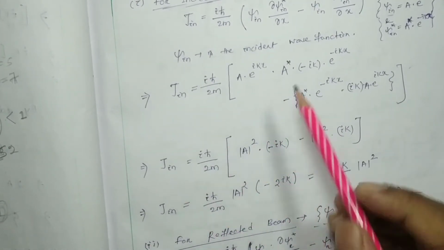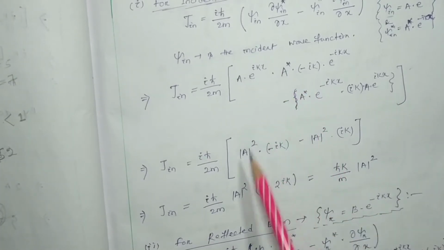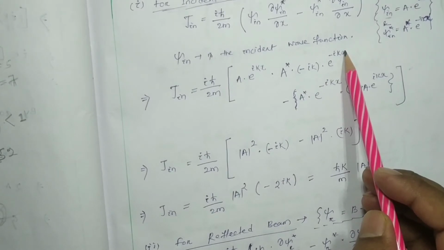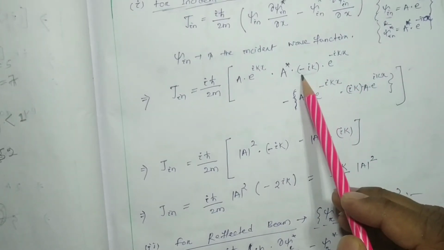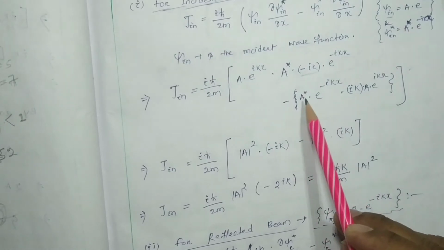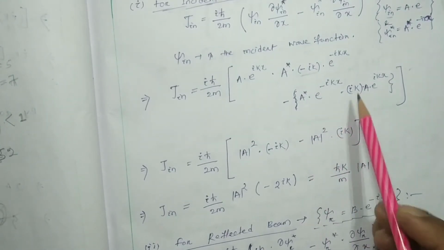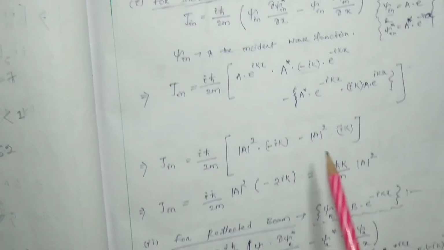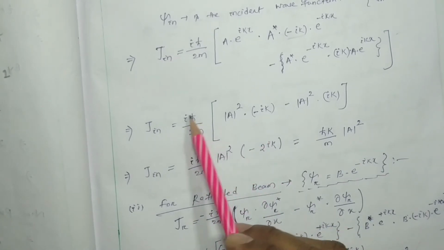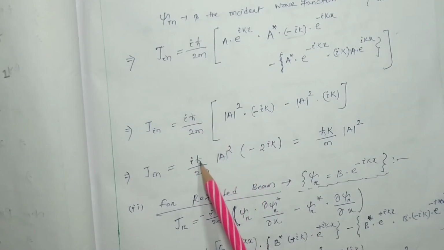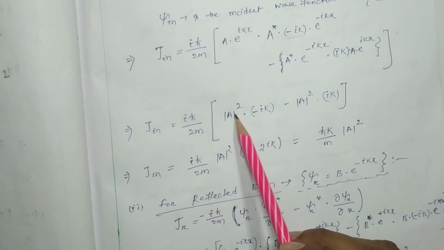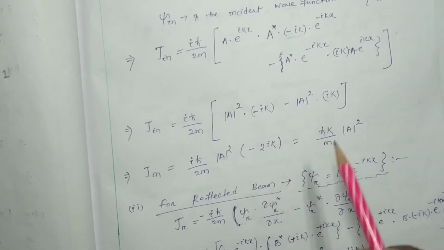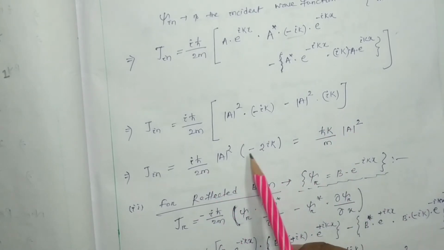So here you can see that A star is |A|², e to the ikx, e to the minus ikx will be e to the 0, which will be 1, and the rest is the minus ik. Here also we found A star A will be |A|², and ik minus ik, e to the ikx will be e to the 0 will be 1, and we are going to find that it will be iħ/2m. Here |A|² can be taken outside, and it will be ik minus (minus ik), meaning 2ik, and i times i will be i², which is minus.